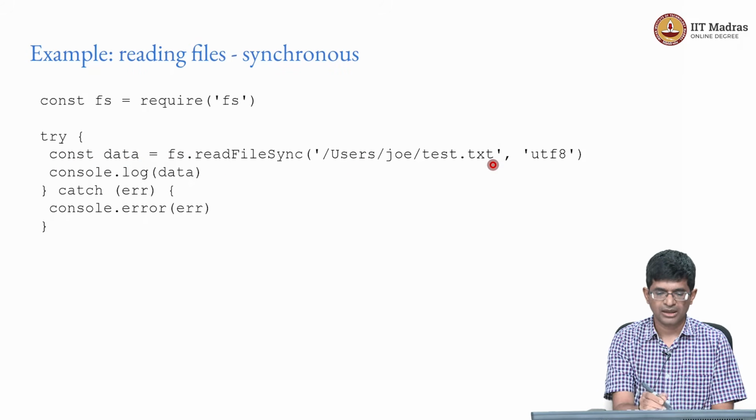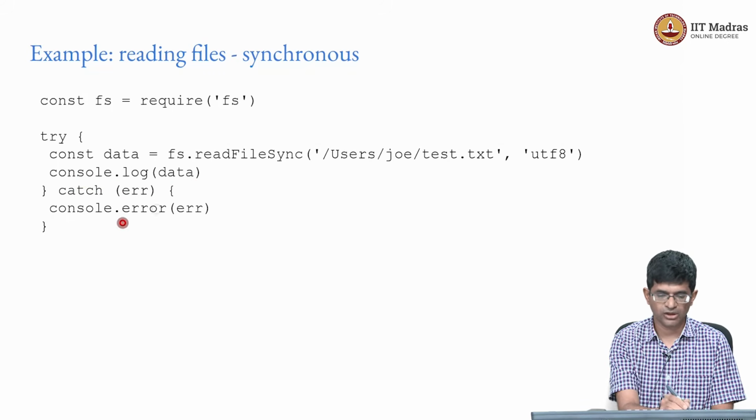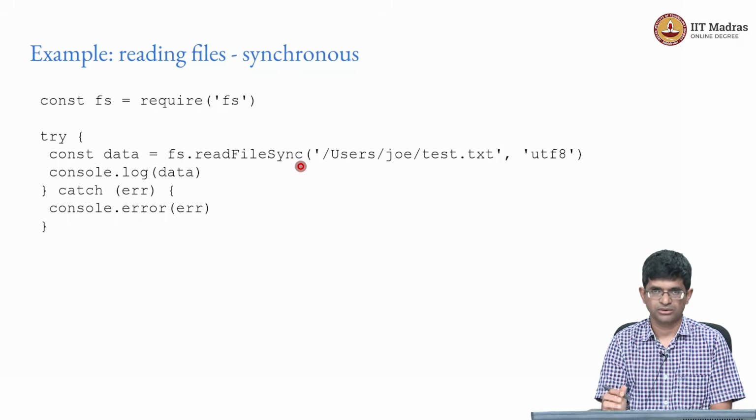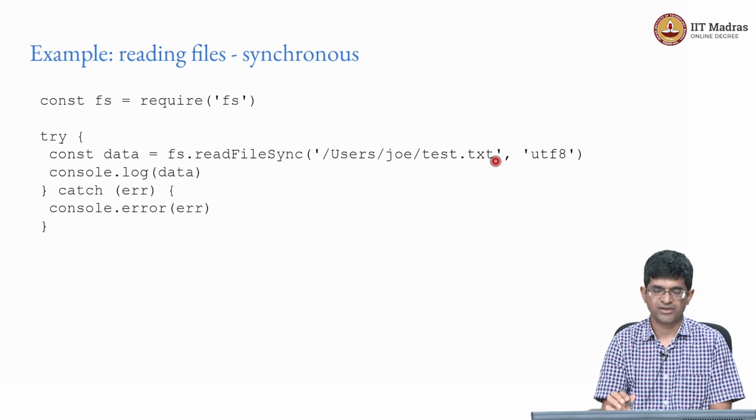And once that's done, it will take that data and log it out to the console. And if that did not work, it should give an error on the console. What will happen when we run this is that this fs.readFileSync will block, meaning that until it is able to actually read the file, nothing else in the JavaScript engine is going to proceed.